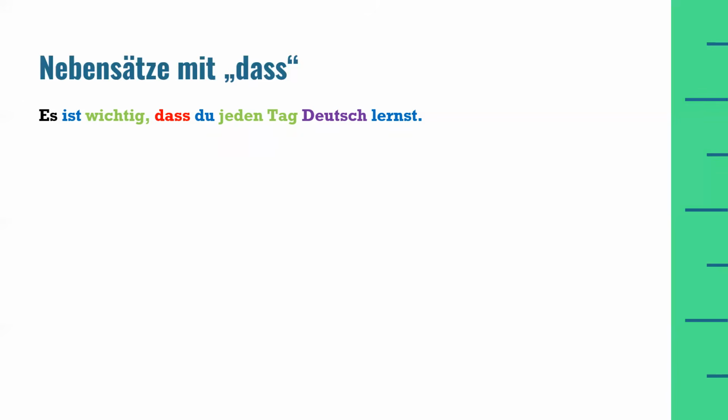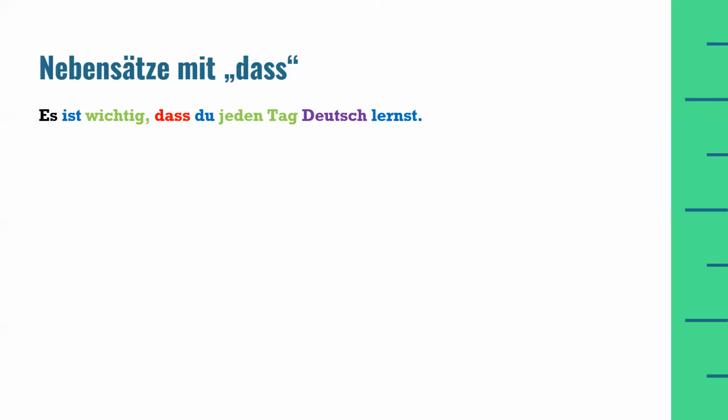And in order to know this, we have to make a Nebensatz. And in this situation where we have to explain our saying in the Hauptsatz with another sentence, we use dass. So let's use dass and see what is important here. Dass du jeden Tag Deutsch lernst, that you learn the German language every day. So it's important that you learn the German language every day.